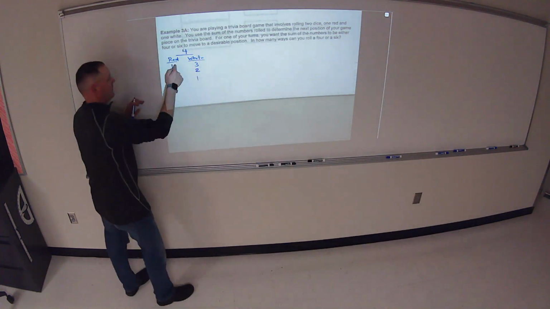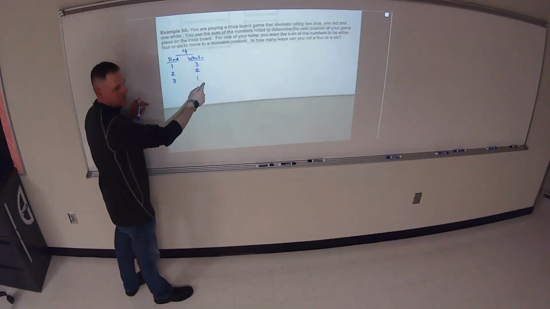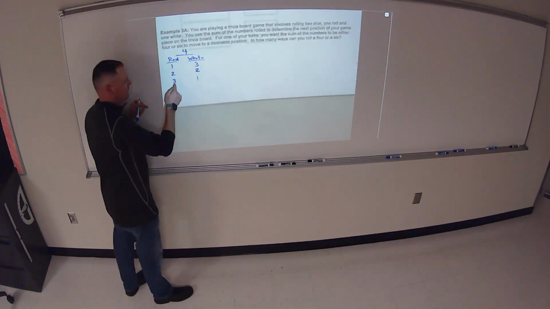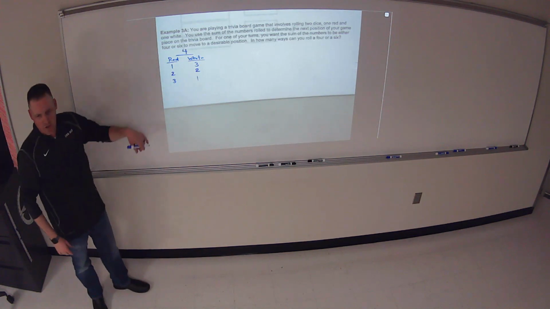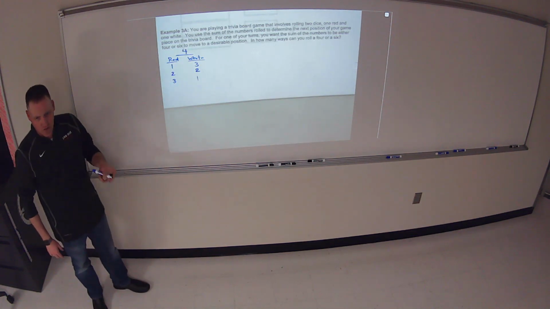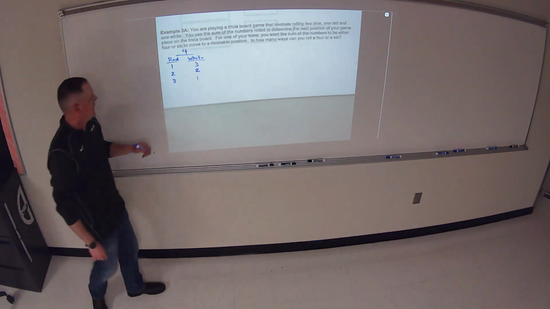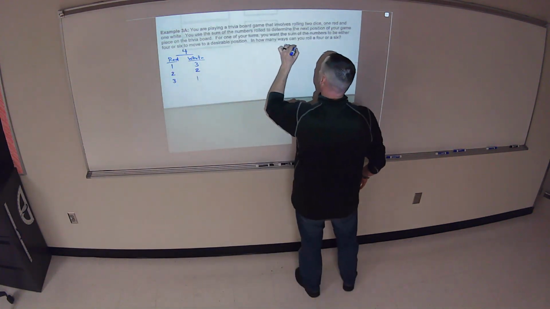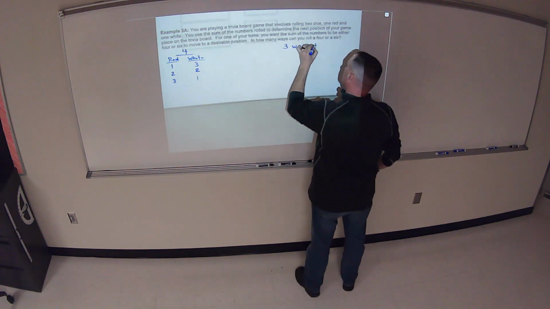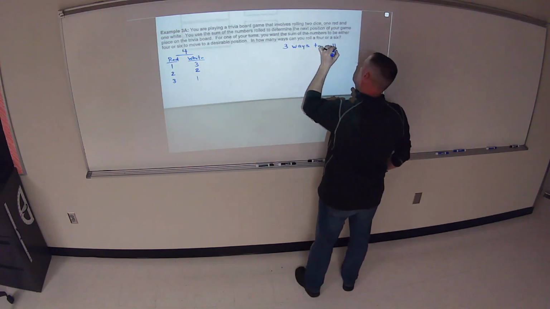Yeah, but I've got a red one and a white one, so technically this 1 and 3 would be different than this 3 and 1. Does that make sense? Are there any other ways to roll a 4? No. So we can see right here that there are 3 ways to roll a 4.